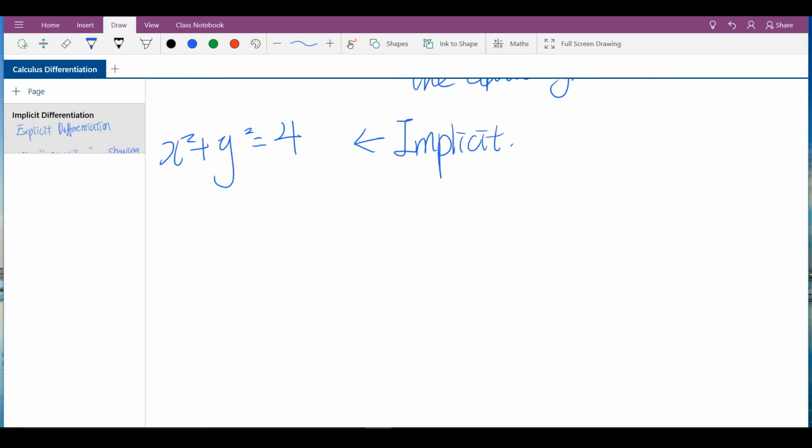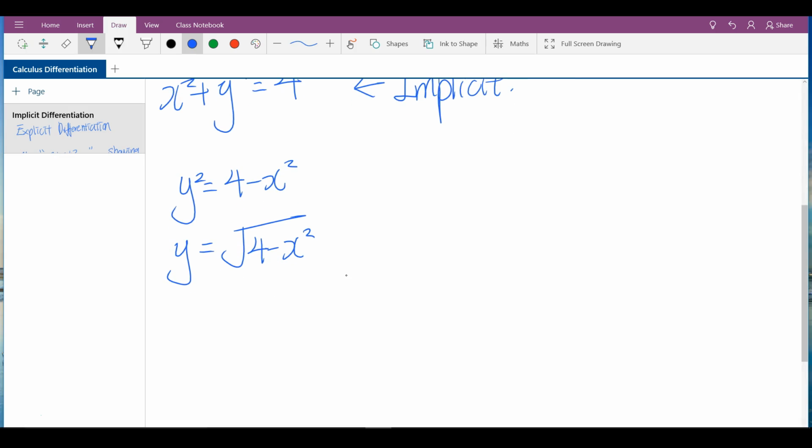Now, normally, when year 11 and year 12 students approach this and are asked to derive this with respect to x, they do the following. They will rearrange it, make the x go to the other side, and then square root the other side to make y by itself.